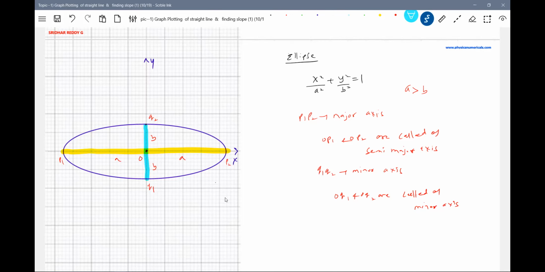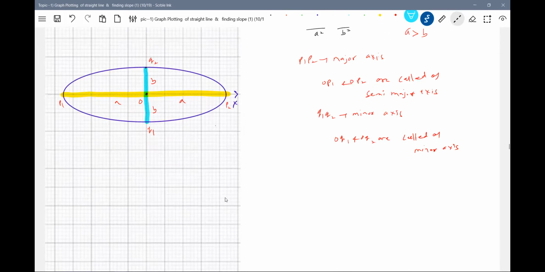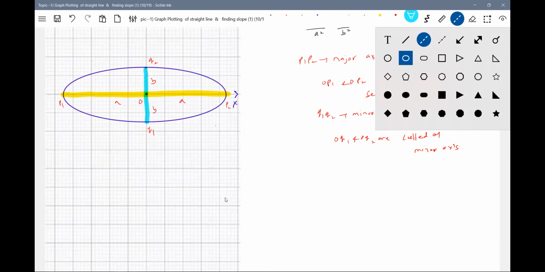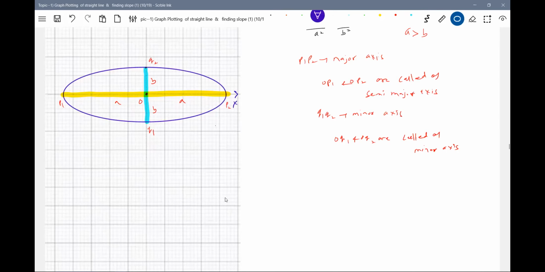If A less than B, then the ellipse can also be like this. Even we can locate the ellipse like this also. In this case, what is the orientation?